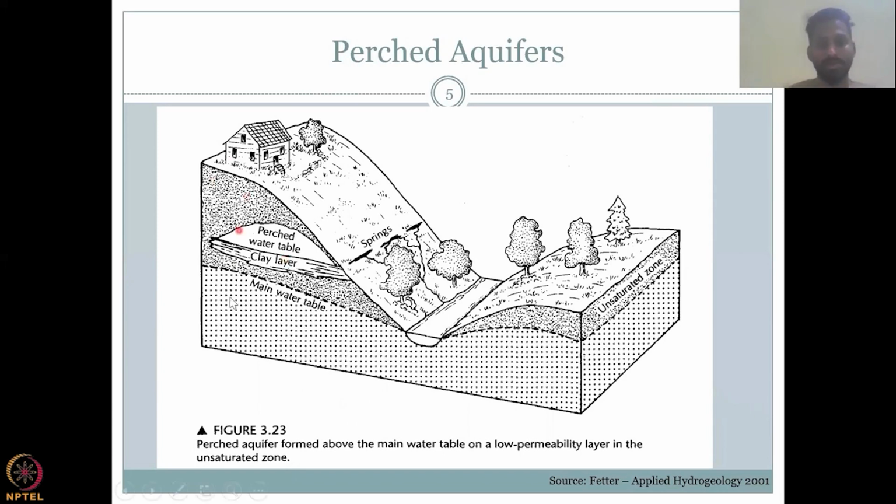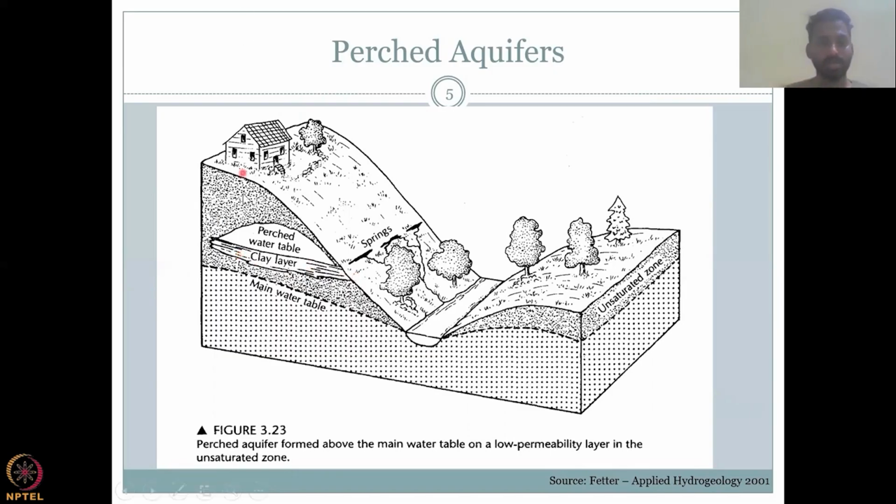So if you have an aquifer, you have an unconfined aquifer here, and then you have a saturation zone here. What you see here is suddenly a very small layer of impervious geology is present. Here it is a clay layer. So it is an impervious layer, but it is not fully present. It is only in a small distance or small location.